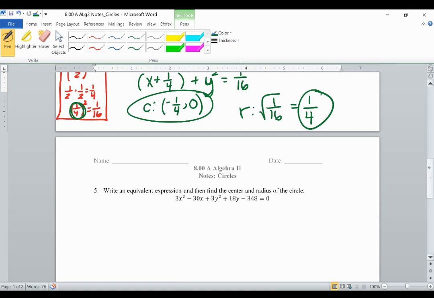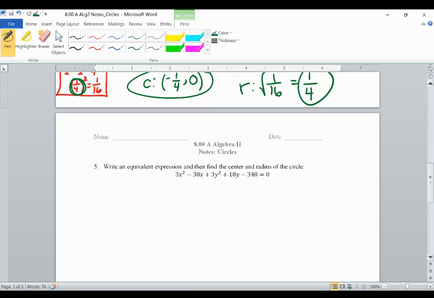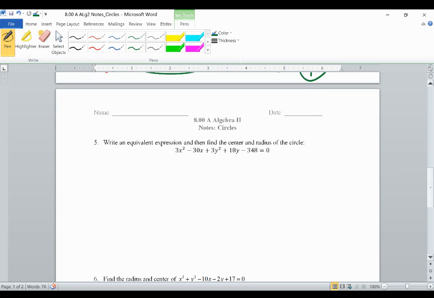All right, and number 5, write an equivalent expression and then find the center and the radius of the circle. All right, so I would say here at this point, we've done a couple of each of these. So pause the video and do numbers 5 and 6 on your own.